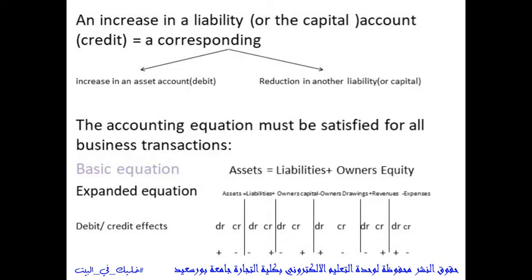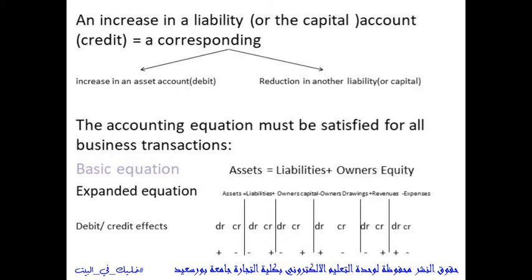When the assets increase, it will be debit. When the assets decrease, it will be credit. When the liabilities increase, it will be credit. And when the liabilities decrease, it will be debit. When the owner's capital increases, it will be credit. And if the owner's capital decreases, it will be debit.